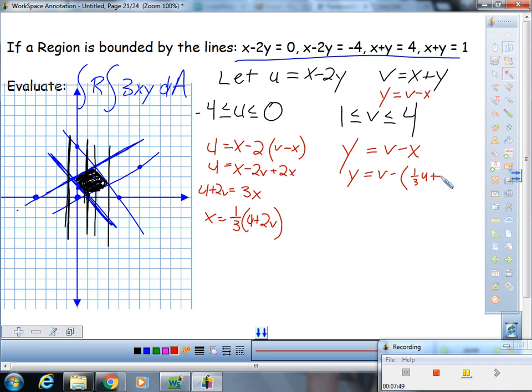That should still be a plus. Did I do that right? Okay, and what's v minus 2/3 v? So y equals 1/3 v minus 1/3 u. So y is 1/3 times v minus u. Everybody following?